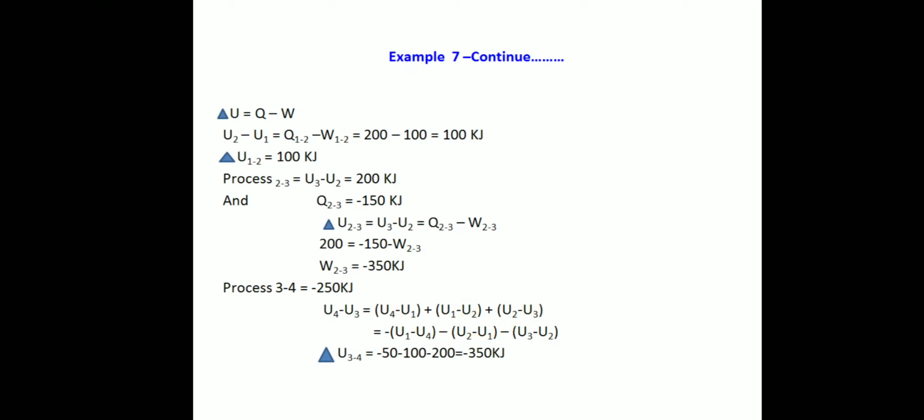So we have added and subtracted u1 and u2 values. Why is it required? Because in the table, the u1 u4 difference, u2 u1 difference and u2 u3 difference are given, and on the basis of these values only we can calculate delta U for the 3-4 process, right?